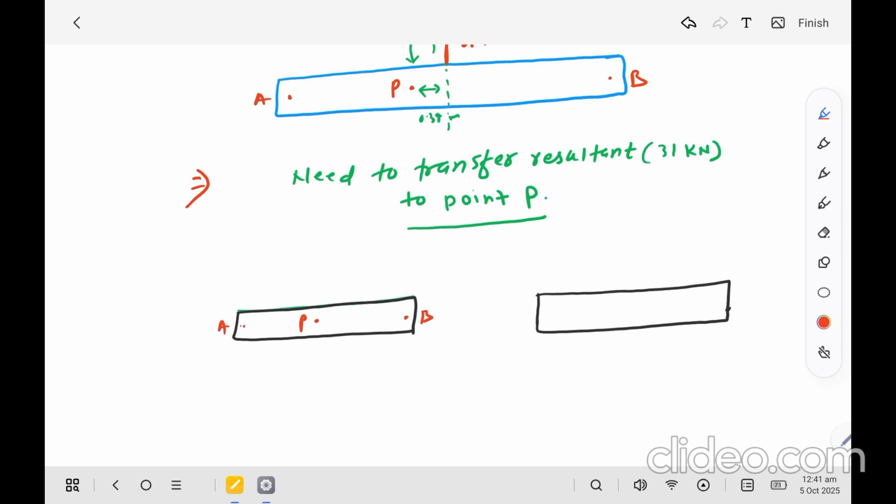Your point P is here, and this is our force 31 kilonewton. This distance is given here.